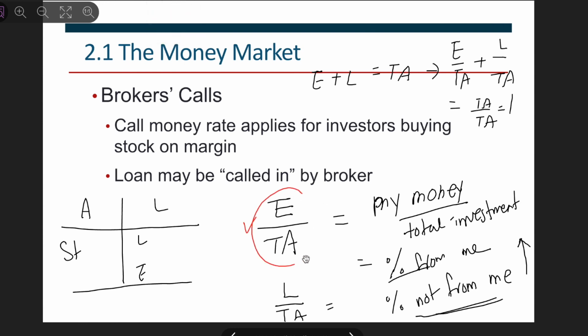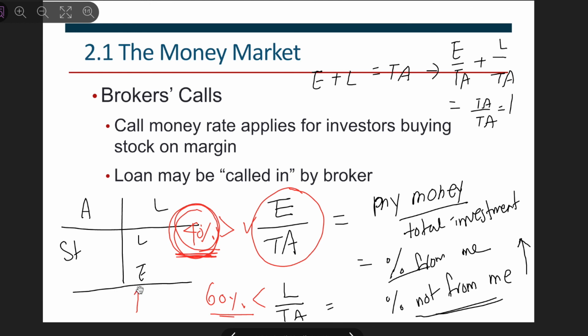So your equity over total asset has decreased. Let's say it's below 40%, which means your liability is over 60%. That is not what the broker wants. They set some percentage value they feel is risky, and if it decreases below this point, the broker calls you and says, I cannot lend anymore.